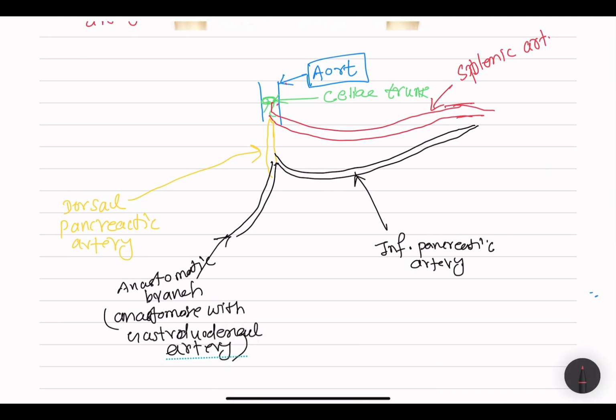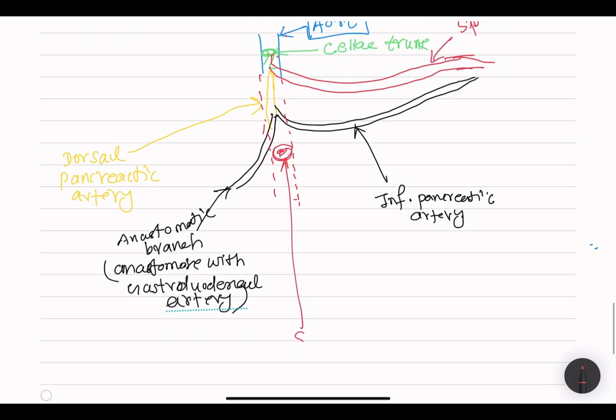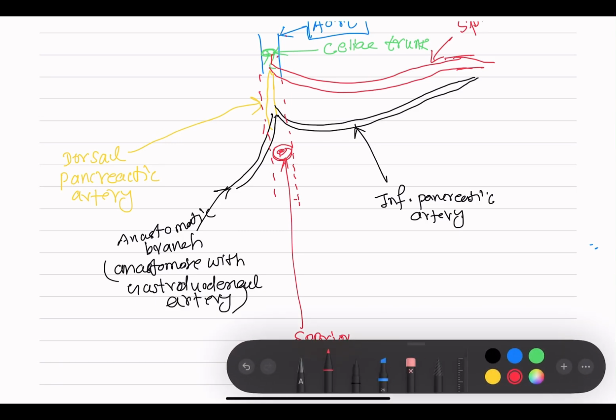So same like this, this is the aorta. Here is the superior mesenteric artery, so it's important to know this one, so it will be easy to understand.